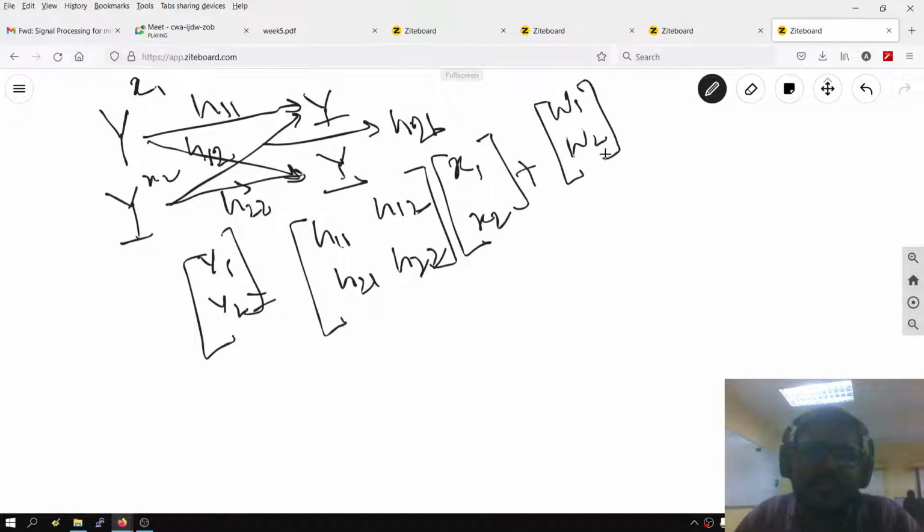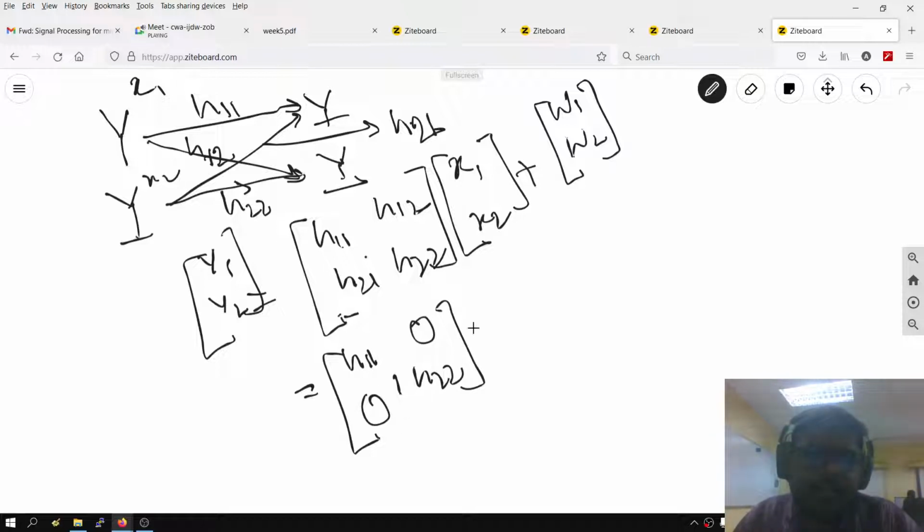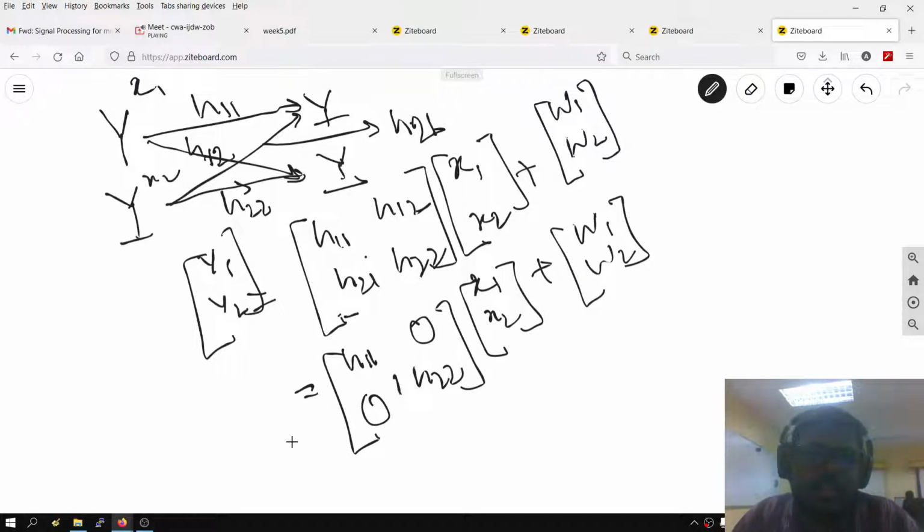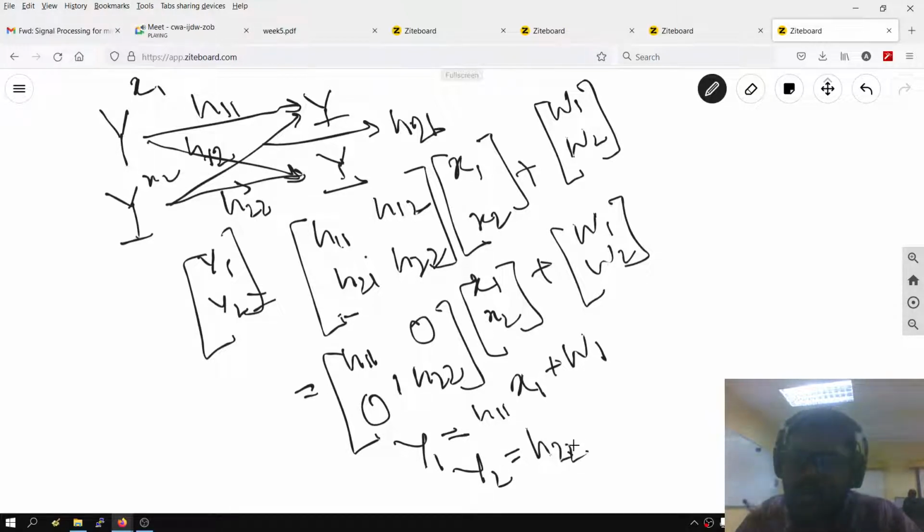w1 and w2. So see, this matrix is not diagonal. So what if it becomes diagonal, h11 0 0 h22? What does the signal model become here for the same thing? The y1 term only depends on h11 x1 plus w1, and the y2 term only depends on h22 x2 plus w2.